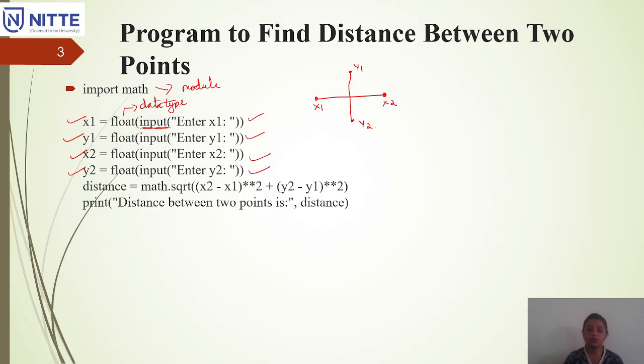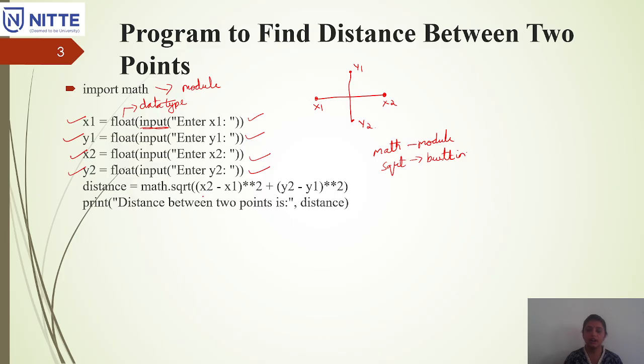Now, to calculate the distance, you have a formula which is math dot sqrt. As you know, math is a module and square root is a built-in function I have. So how do we calculate the square root?